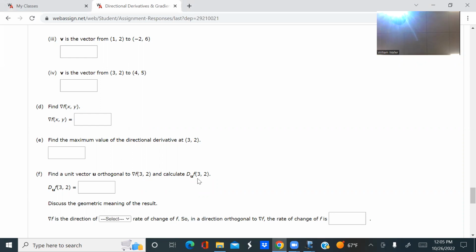We can always make it a unit vector by dividing by its magnitude. But can we find a vector that's orthogonal, in other words, perpendicular? This seems perpendicular to the gradient vector. Orthogonal is another term that's often used, because orthogonal actually applies to an angle. Orthogonal angle is an angle.